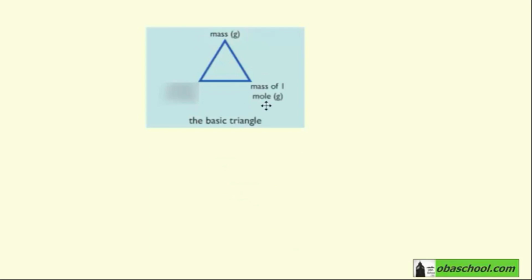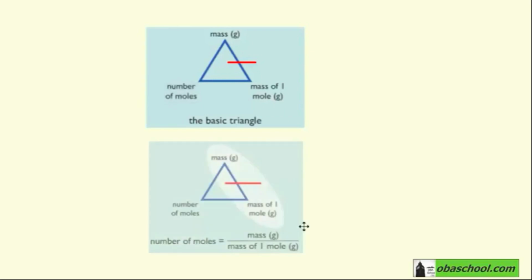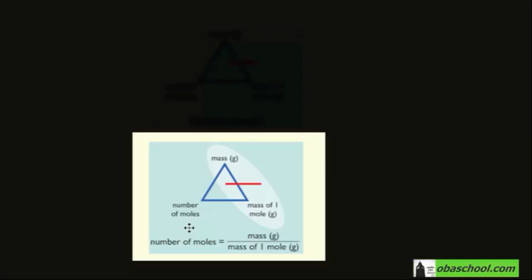Between them, I will put a big dash. In that way, the number of moles equals the mass over the mass of 1 mole. This formula is found in our books. Number of moles equals the mass in grams divided by the mass of 1 mole in grams. So as you can see, we obtained another formula on how to find the number of moles.